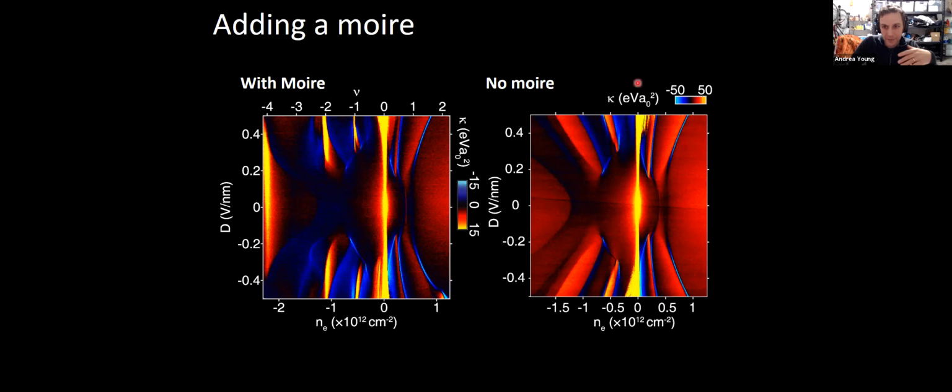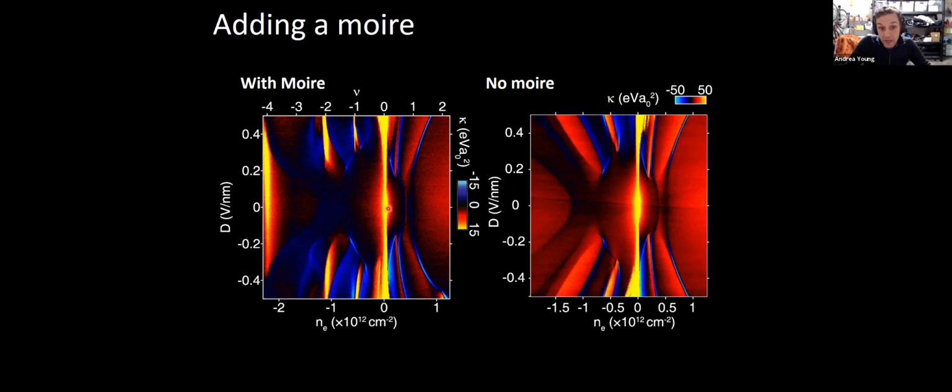And I remind you that here what's being measured is the inverse compressibility. So where you see high on this scale, yellows and reds, especially yellows, mean gap states; blacks, blues, and reds mean metals, thermodynamically speaking. So you can see that comparing no moire and moire, there are many of the same features.